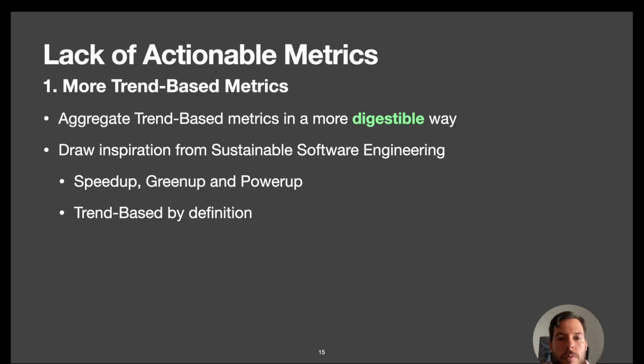For example, drawing inspiration from the sustainable software engineering field, we have speedup, greenup, and powerup, which are basically ratios between different versions of the model, defined as a division where if the number is higher than 1, you are doing worse, and if the number is lower than 1, you are doing better.